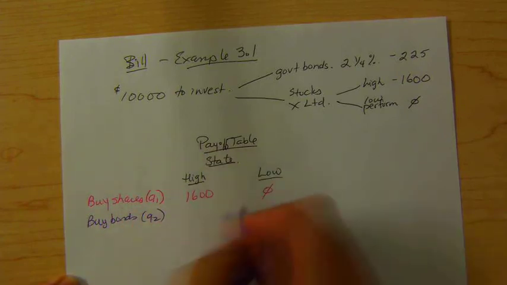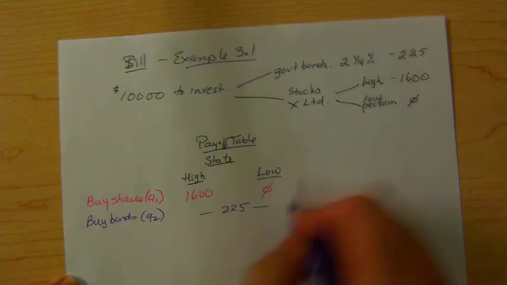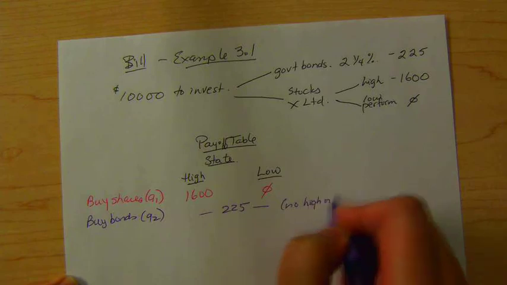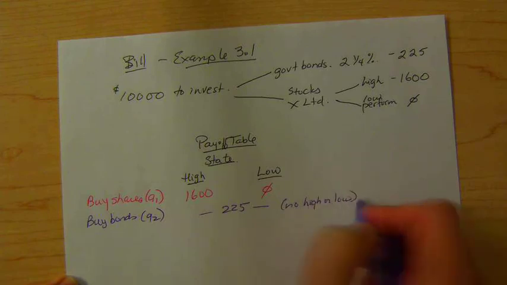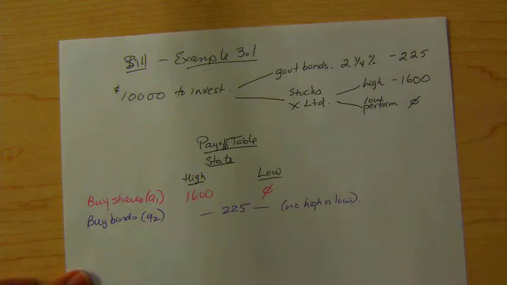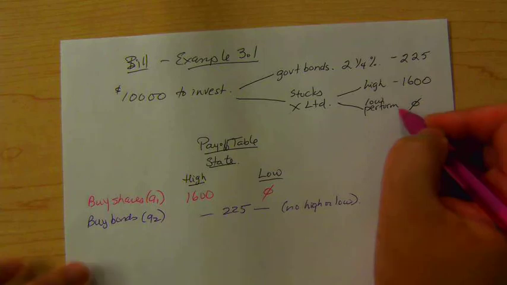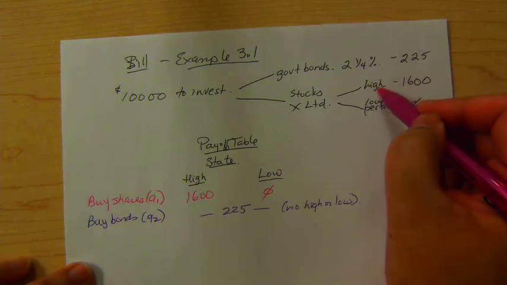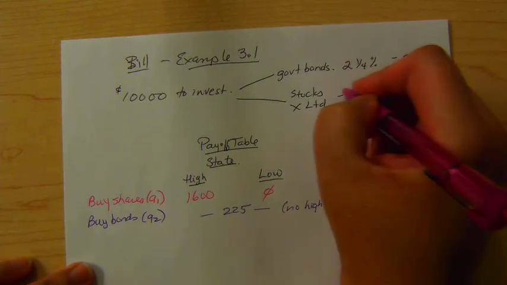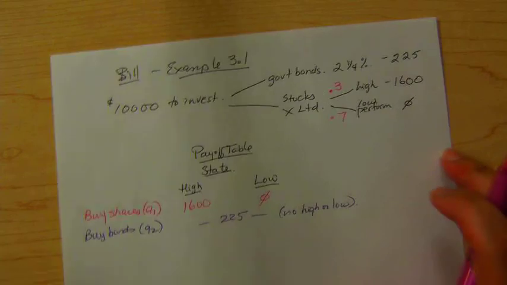Regardless, theirs is just 225 for both. There is no high or low, just one. Now, the probabilities Bill has assigned to the stock performing high is 0.3, and obviously 0.7, because probabilities all have to add to 1.